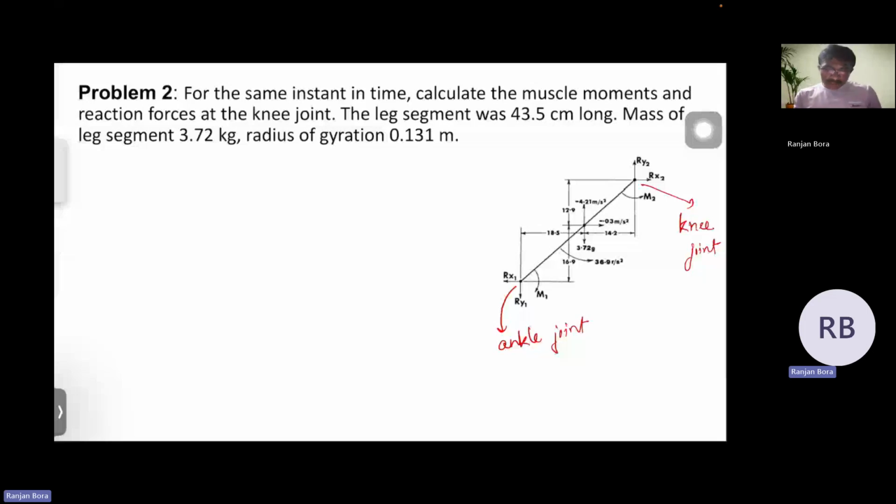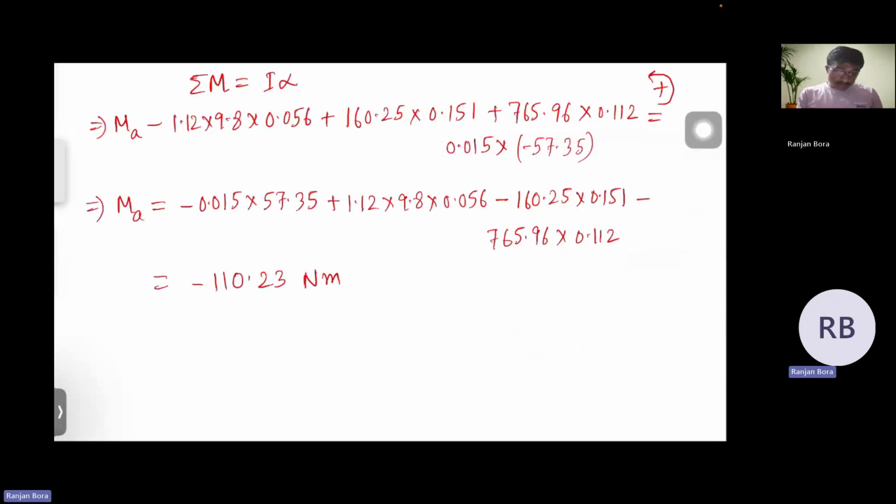So for the ankle joint, what are the reaction forces and moments we found out? So here first we need to write Rx1, Ry1 and M1. Rx1 in the last problem is minus 155.15.